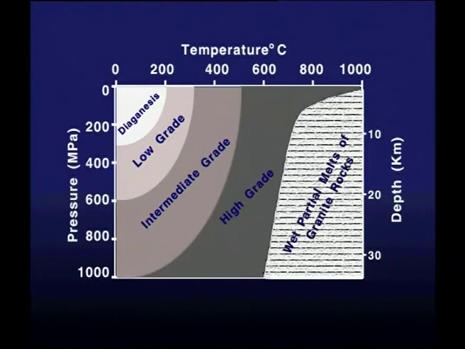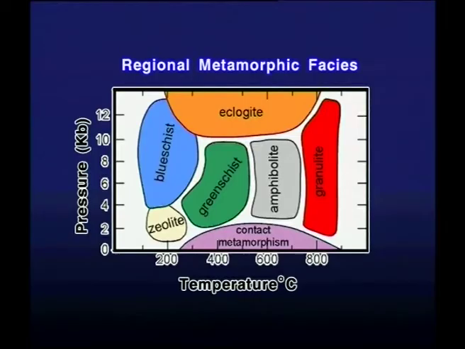If we divide the facies, then chlorite represents the low grade facies, while sillimanite represents the higher grade. So the presence of chlorite to sillimanite also indicates greenschist to amphibolite to later granulite facies.